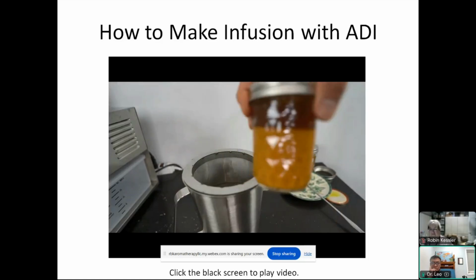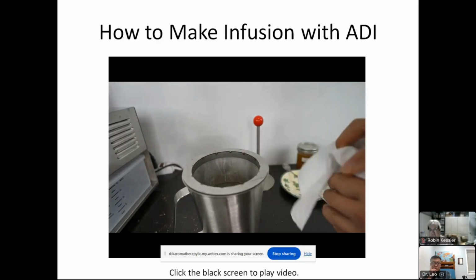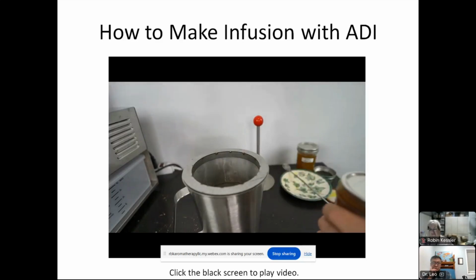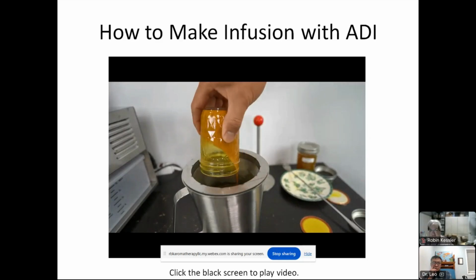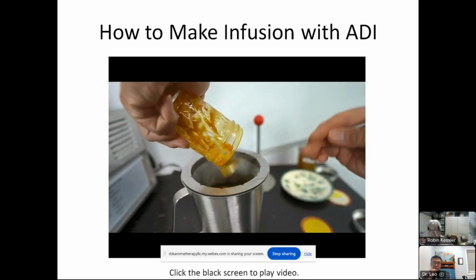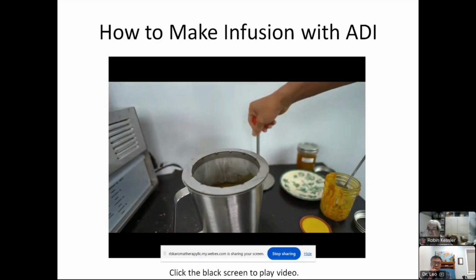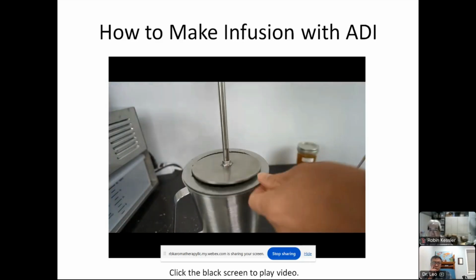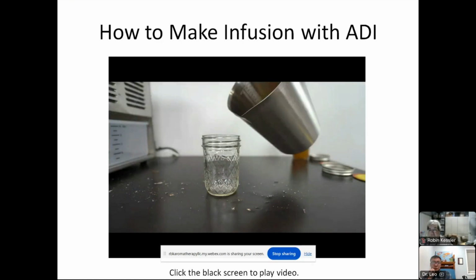Now separate the tincture. Let me show you the tincture.